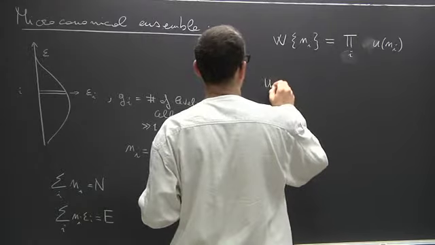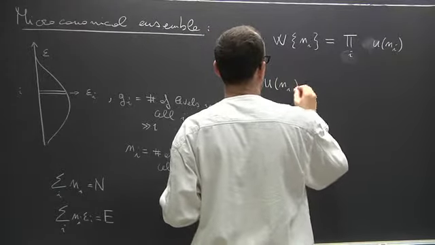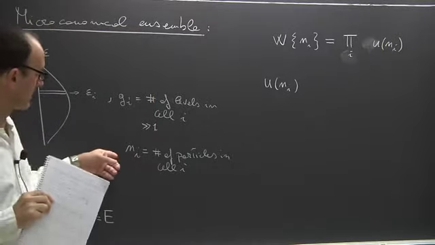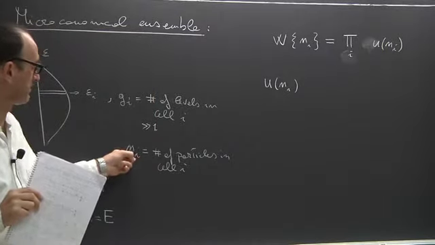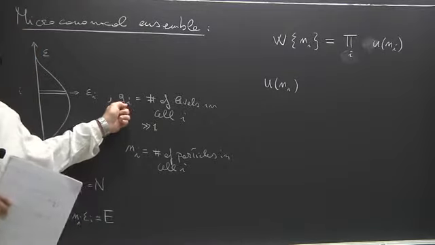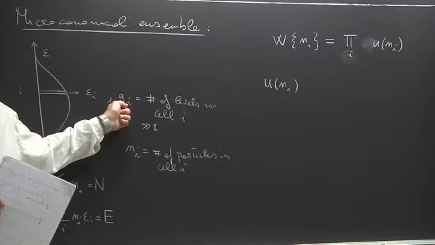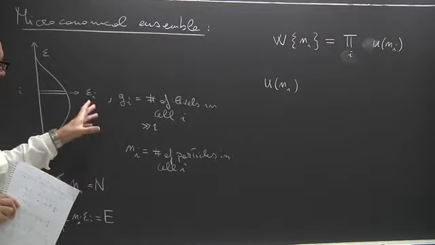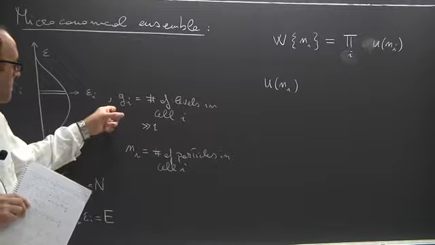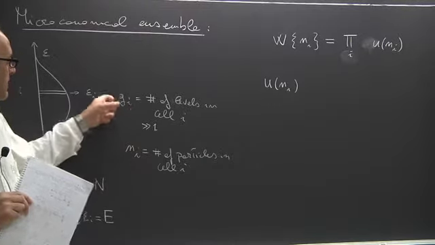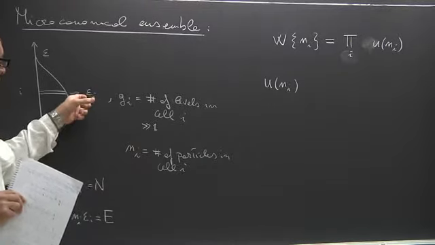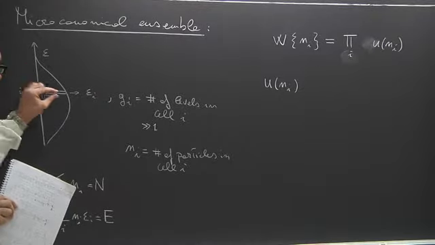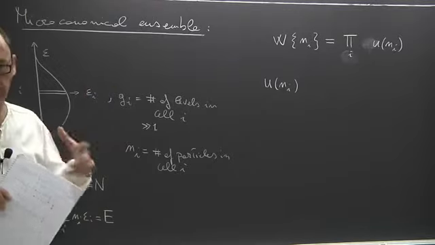In order to compute this number, I have to understand in how many ways I can put N_i particles into G_i energy levels. In spite of the fact that here I'm grouping energy levels with a very similar energy, still these energy levels are different.